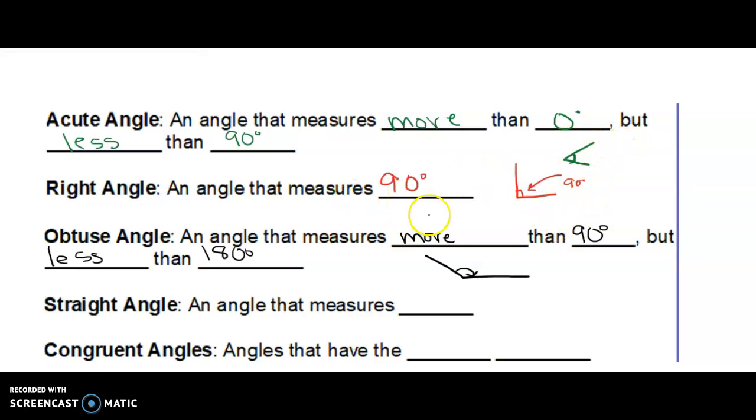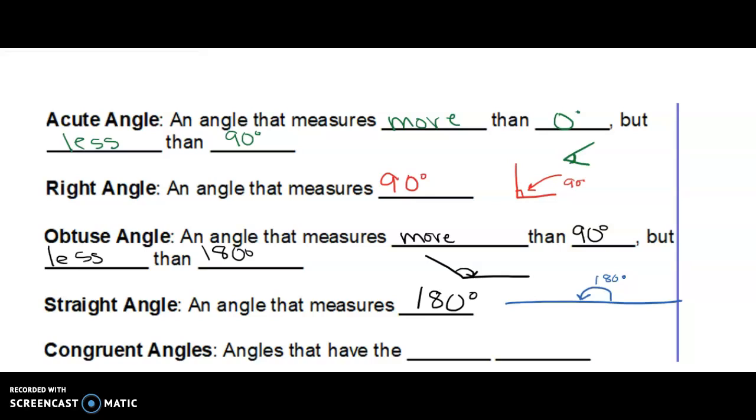A straight angle, guys, is just an angle that measures 180 degrees. So let me see if I can find my pen. There we go. 180 degrees. And a straight angle would look like a straight line, okay? So here to here is 180 degrees.